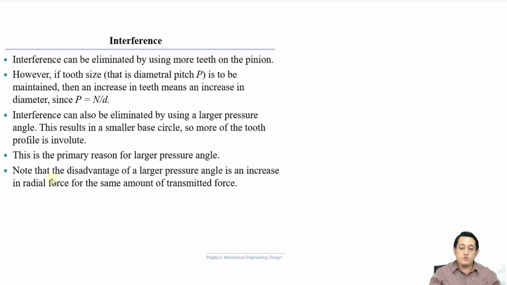But we need to note that the disadvantage of a larger pressure angle is an increase in radial force for the same amount of transmitted force. We will look at this force in a future lecture, in the force analysis topic after this.